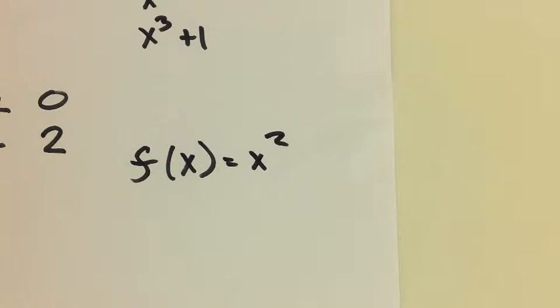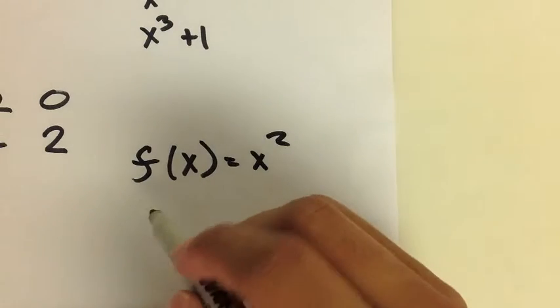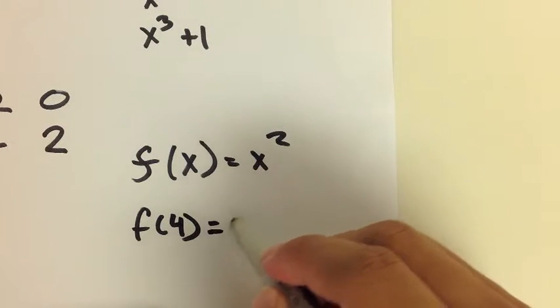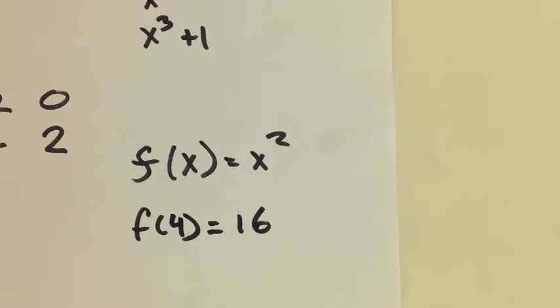Let's say we have f of 4 equals 16. So we'll know that an input of 4 becomes an output of 16. You would replace x here with that number, and then that would be your output. So pretty easy concept to understand.